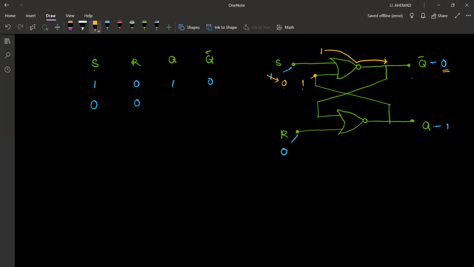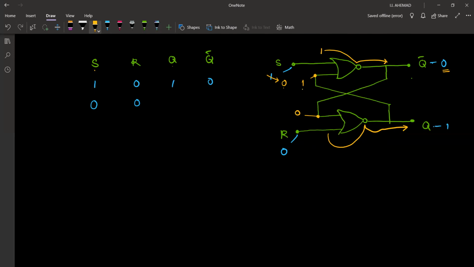Already we have 0. Now, here, this is 0. Because this is 0, this is also 0. 0 or 0, that is again 0 when it is passing the OR gate. And when it passes the NOT gate, it becomes 1, which is already 1. Again, go through the cycle. This is 1. This is 0. So everything is stable.